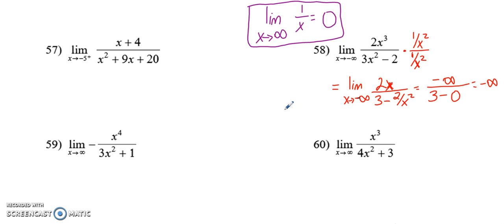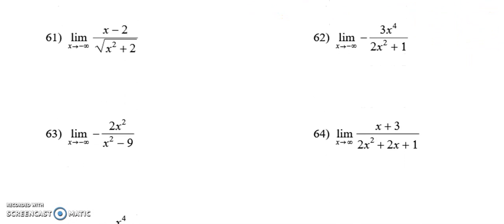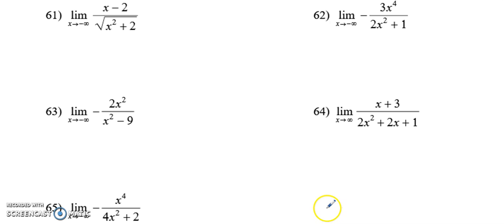It's behavior. Okay, so let's scoot down to something like, let's take 64, for example. The highest power of x in the denominator is x squared. So we're going to multiply by 1 over x squared, or divide by x squared, and again, multiplying the whole thing.